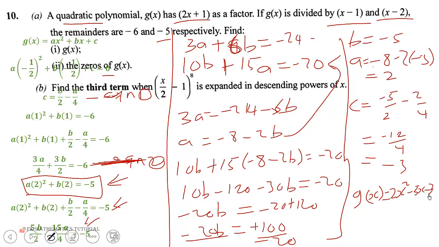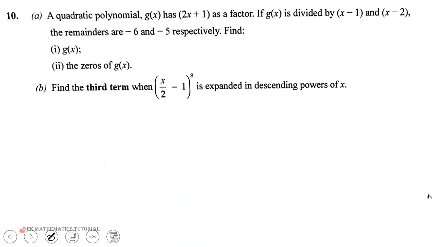So that is the I part. 2x squared minus 5x minus 3. So 2x squared minus 5x minus 3 equals 0. That is the I part. We have to find the zeros of g of x.